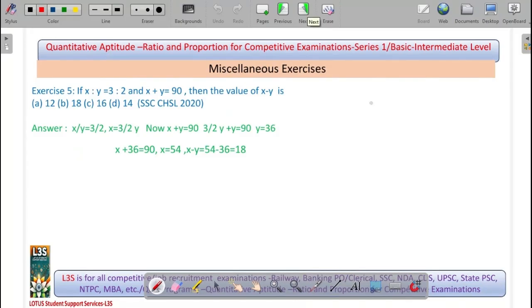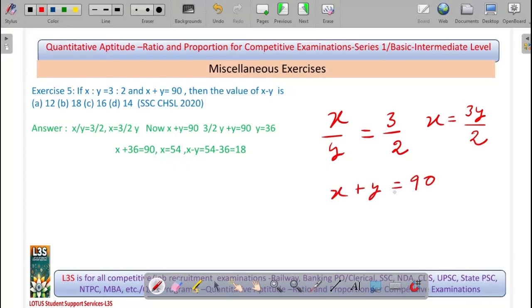If x is to y is 3:2 and x plus y is equal to 90, find the value of x minus y. So here x by y is equal to 3/2. Okay, so x is equal to 3y by 2. Now it is given x plus y is equal to 90.